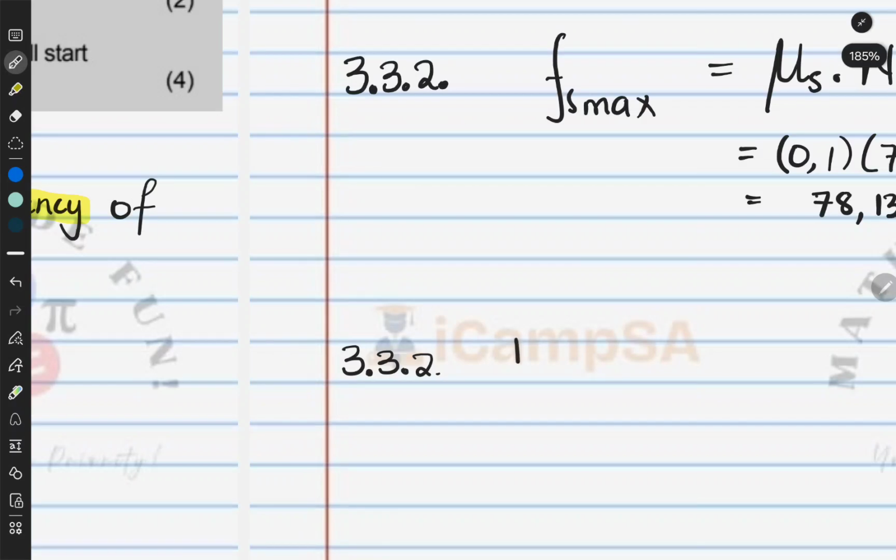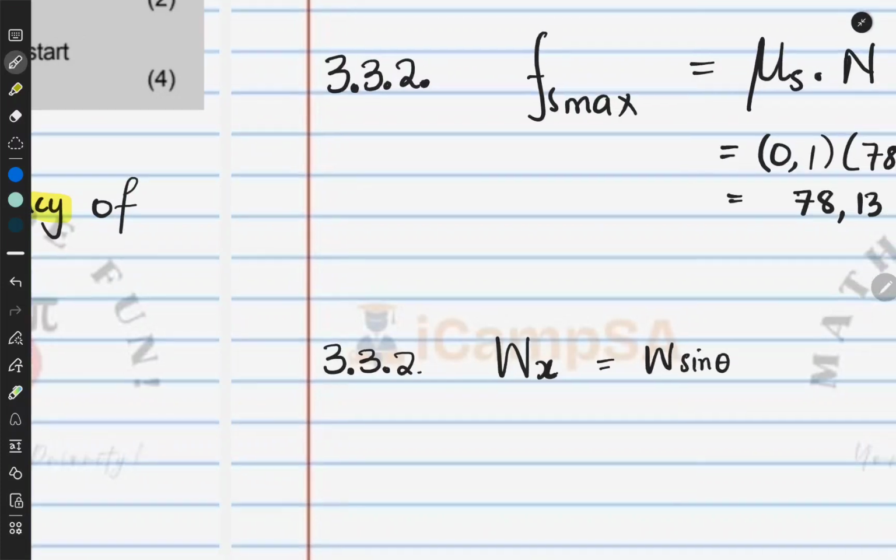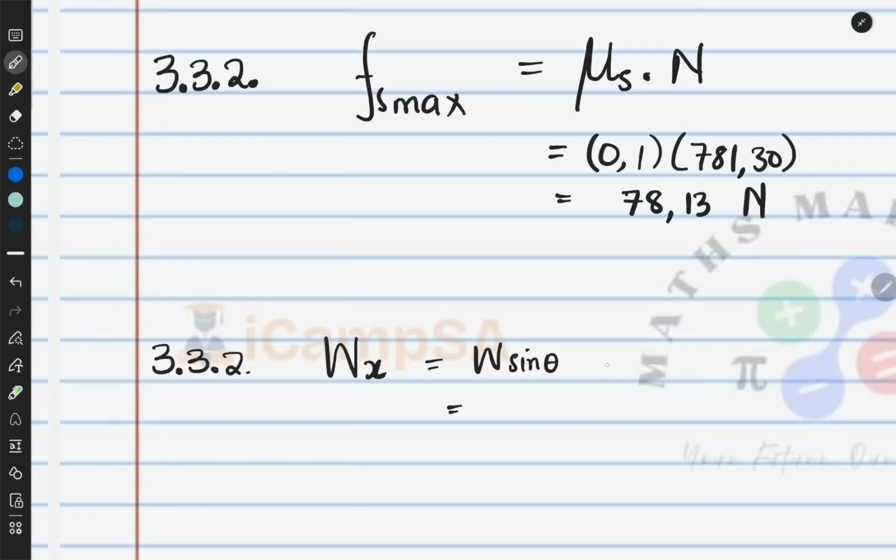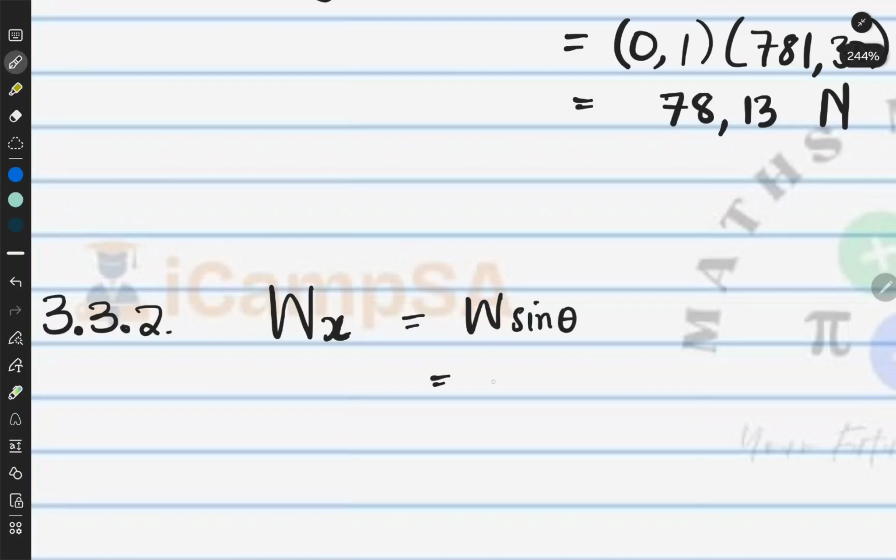Let's find Wx, because we already have Fs max. Wx is equal to W sine theta, which is mg sine theta, which is 80 times 9.8 times sine 4.76 degrees.